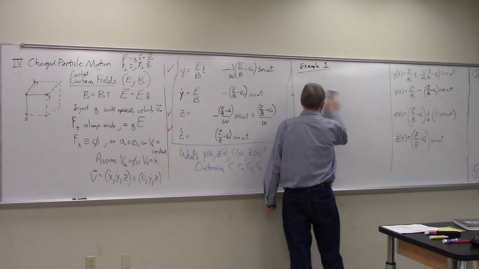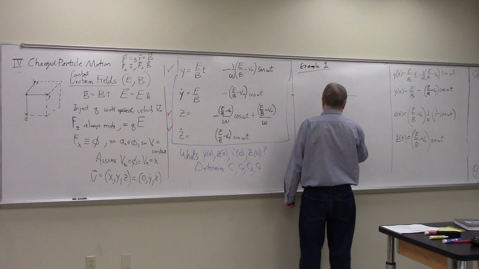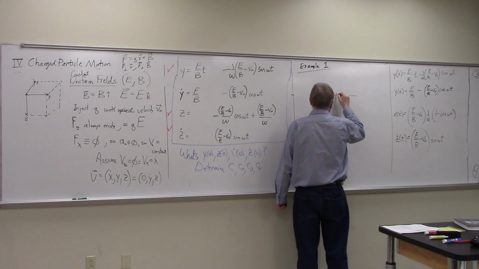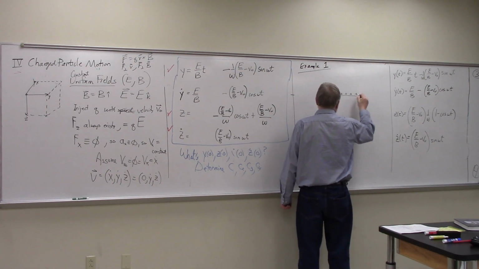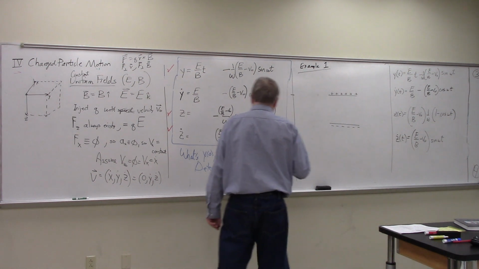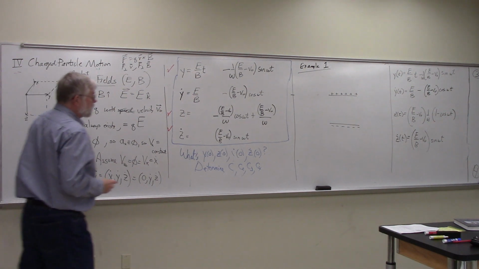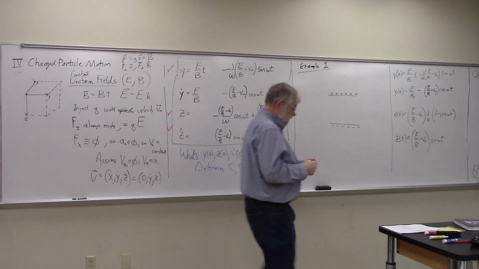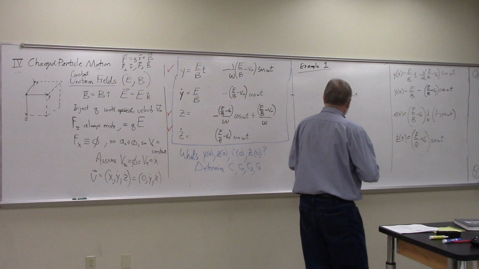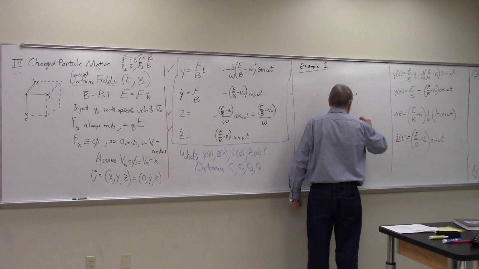Let's move those over just a little bit. A pair of capacitor plates like this. Positive high, negative low, that's going to make an E field that points down, which is the Z direction. So we'll have an E field that points down. That E field is red, I guess. There's our electric field.